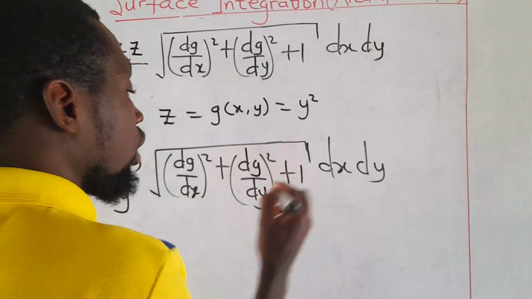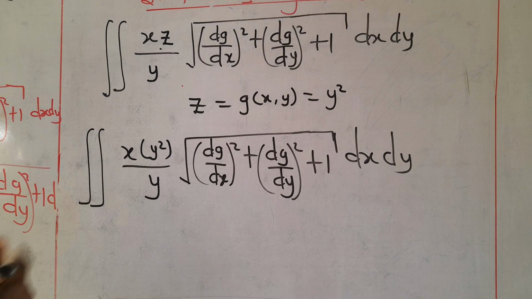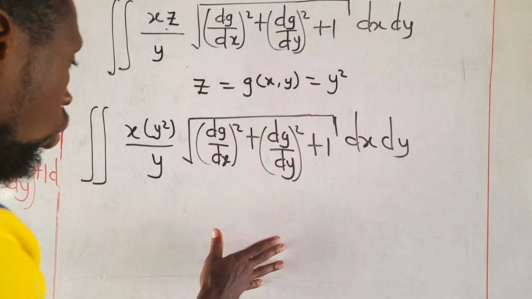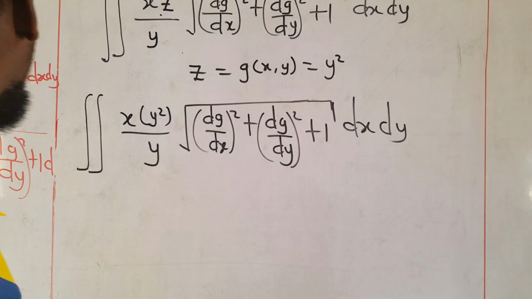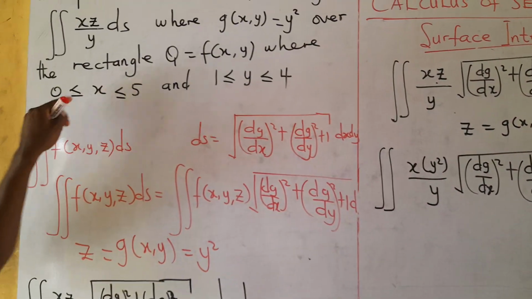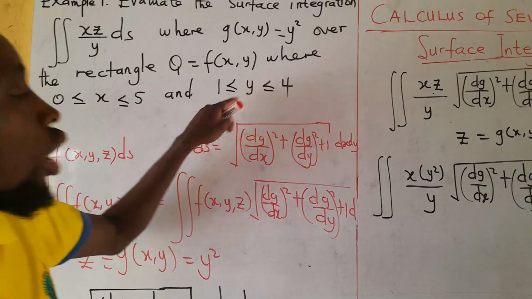Very necessary. As far as we change everything now into x and y, you see that everything is now in x and y. We can substitute the limiting points. That's for x 0 to 5 and for y 1 to 4.